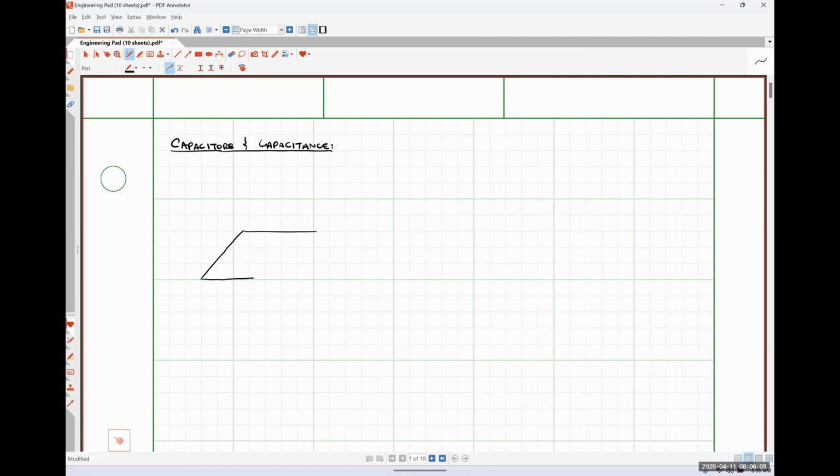This is some sort of conductive material. Could be like a thin film of metal, or some sort of plastic that's been doped very heavily so that it makes it conductive. And I'm going to have a second plate underneath, like so. Okay.